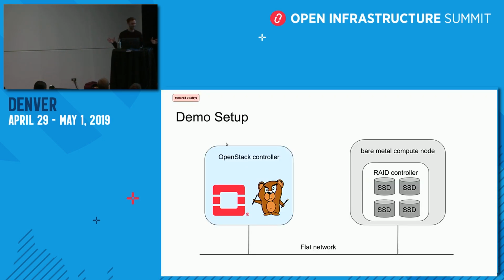So just to explain the context of the demo, we have two nodes. One is an OpenStack controller. It's an all-in-one environment, and it's running OpenStack Ironic. We've got a flat network, which connects the controller to a bare metal compute node. The compute node's got a RAID controller attached to 4 SSDs.